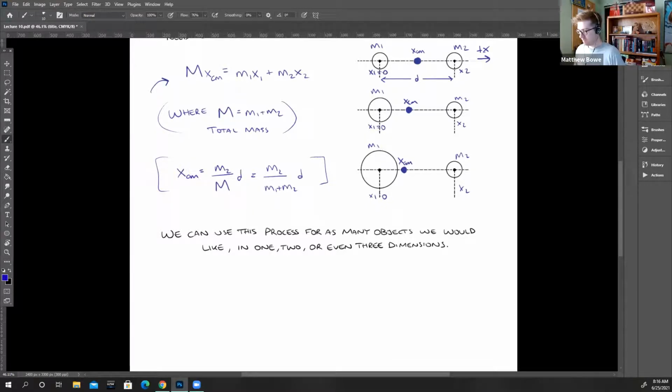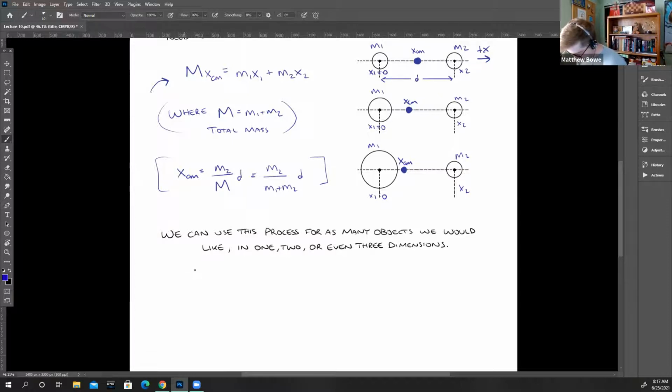So first off, we saw this work with two things together. Let me write out an expression that would work for as many items as you want. So not just two, it could be thousands of individual little particles together. As long as you know the position of every single one in relation to every other one, you can find the center of mass of this system.